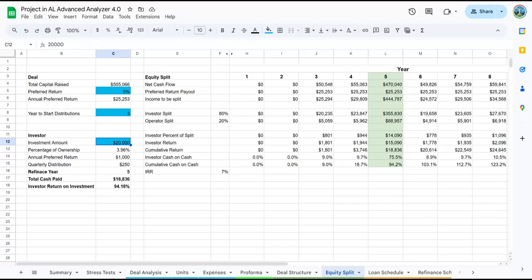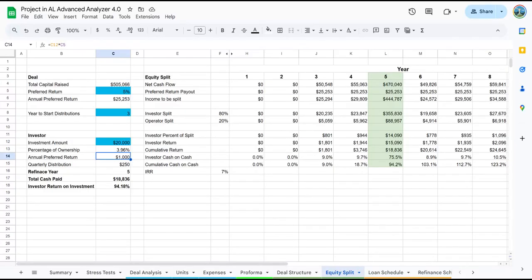So here we can put in $20,000 of the investor's contribution, which is close to 4% of the total capital raised. And here is how they will perform annually.